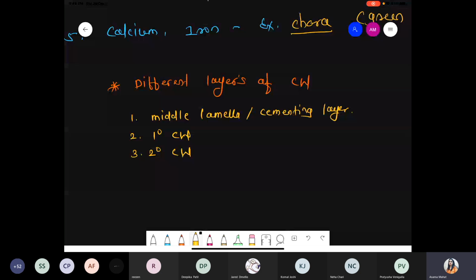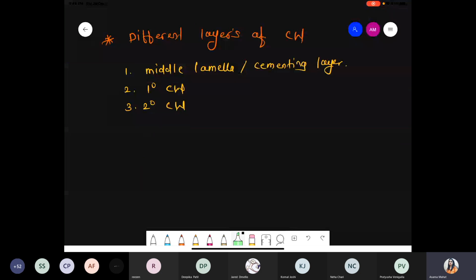Okay, primary and secondary cell wall. So quickly we are taking one by one, a simple diagrammatic representation. Suppose these are 2 cells. One plant cell, and now this is another plant cell.